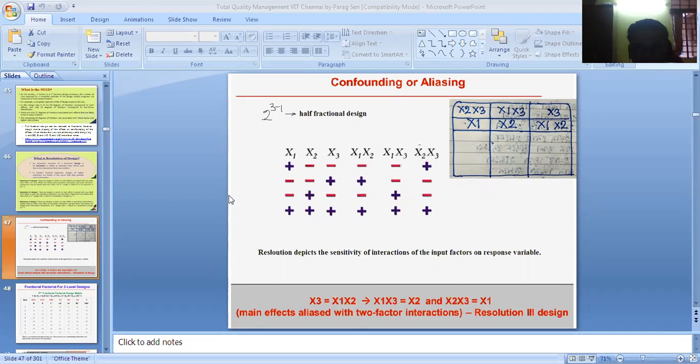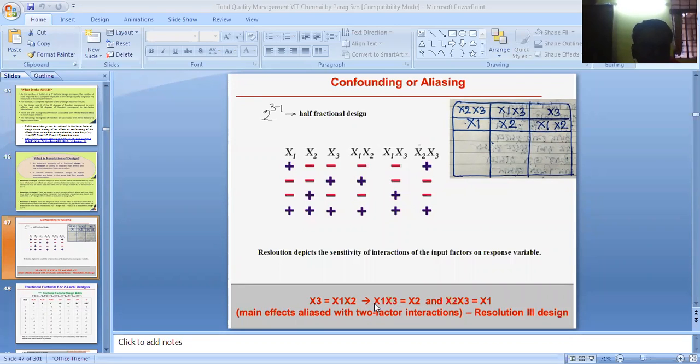And the procedure of multiplication is also very interesting to note. Suppose for x3 you have got x1 x2, and you have also got x2 is equal to x1 x3. Now, if you multiply these two, x3 and x2, then what will we get? x1 x2 cross x1 x3. So x1 times x1 is equal to 1, and you will ultimately get x2 and x3.